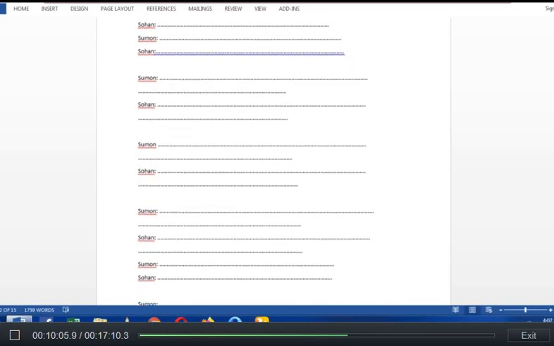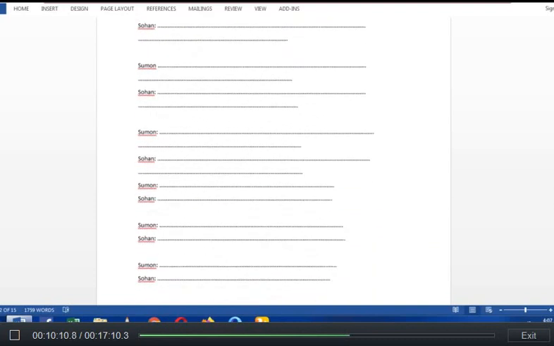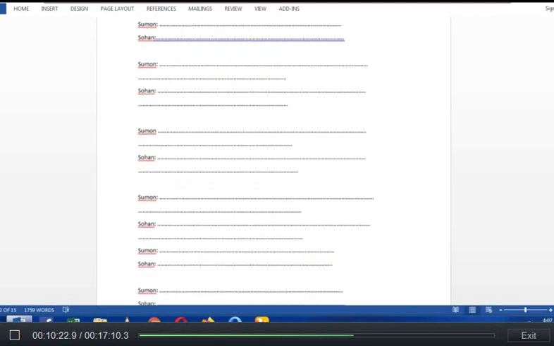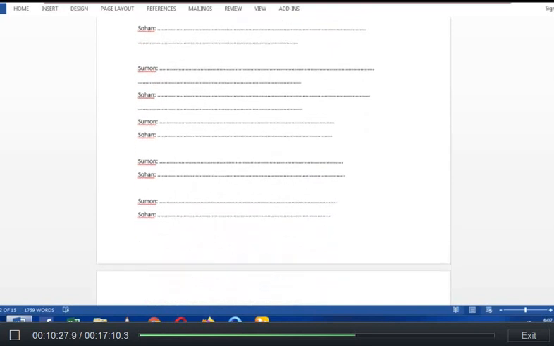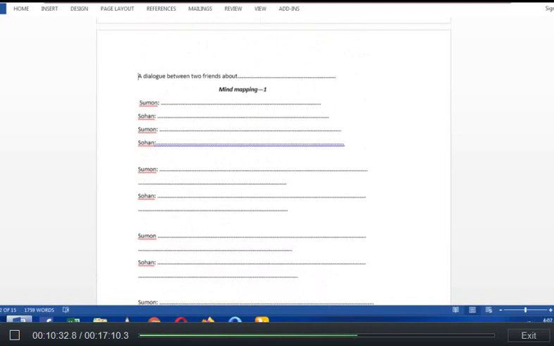At the time of making or writing a dialogue, we must at first map in this system. Pair 1, 2, 3, 4, 5, 6, 7, 8. Okay, we must map in our mind.